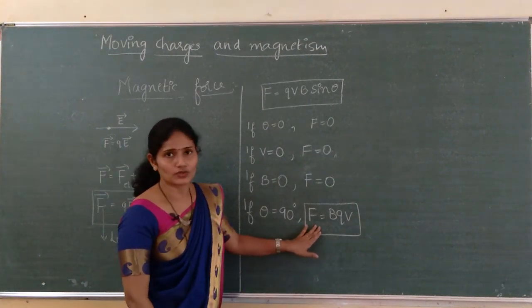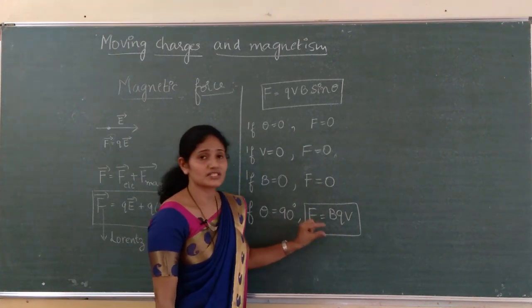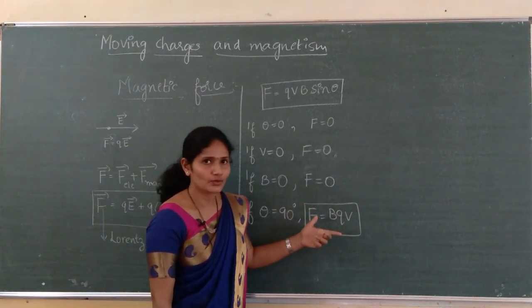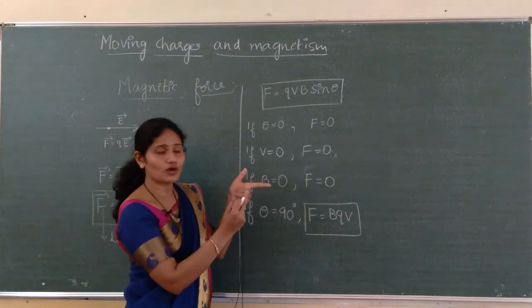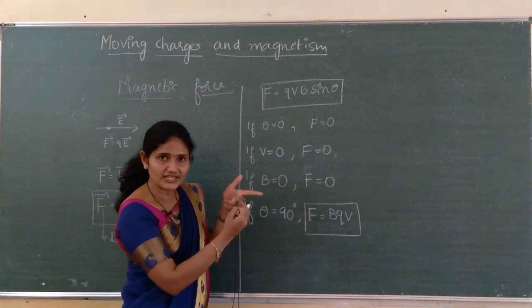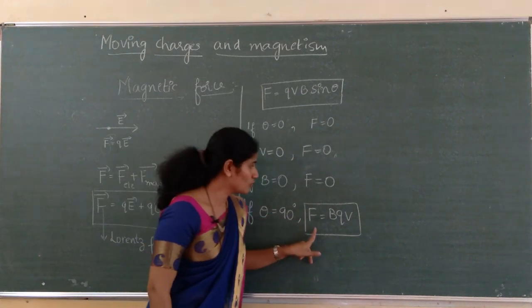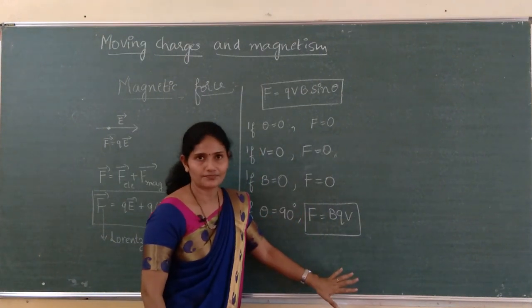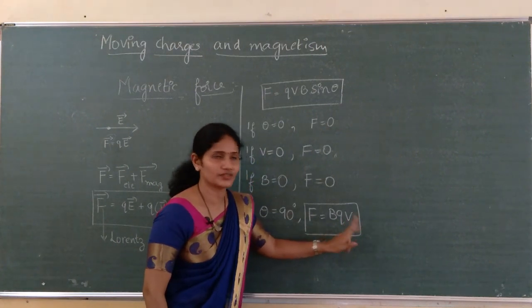So, the magnetic force acting on the charge is maximum when the angle between magnetic field and the velocity is 90 degree. When theta is equal to 90 degree, magnetic force acting on the moving charge is maximum. So, F is equal to BQV.